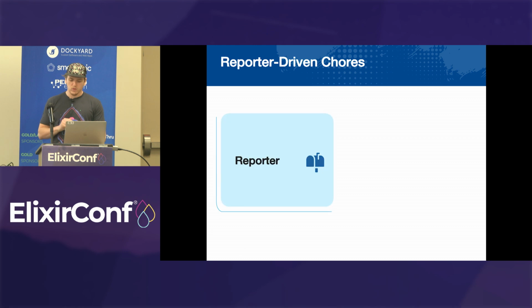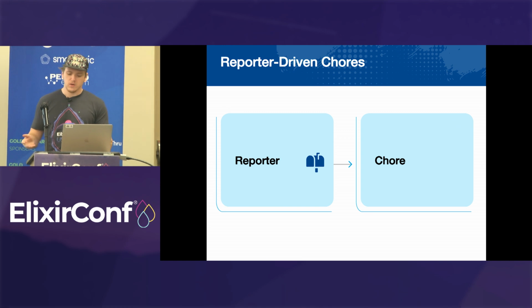When a reporter is spawned, it's in charge of starting the chore. The chore's task supervisor registers the starting process to receive task lifecycle messages, and in this case, the reporter is the one that always gets registered. If we want to know when the chore has finished, whether gracefully or not, all we have to do is listen for the right message.